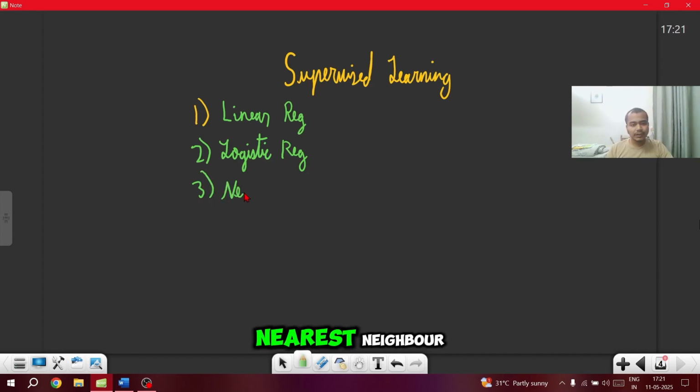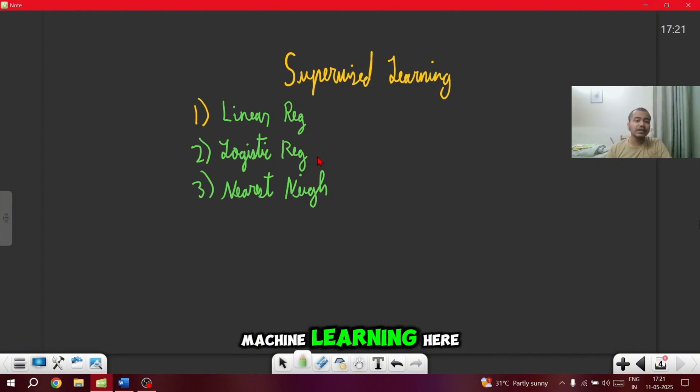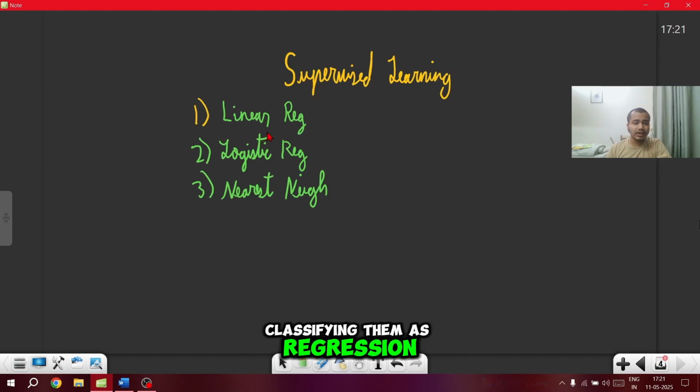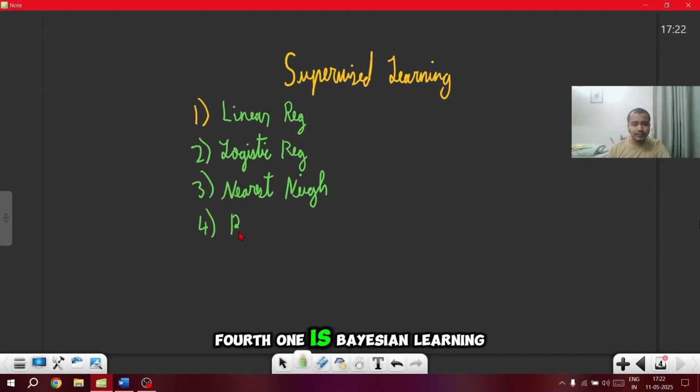Then we will go to nearest neighbor. Disclaimer, if you have already studied machine learning, here I am not classifying them as regression and classification based algorithms. I'm just giving all the algorithms which are present in supervised learning. Nearest neighbor. Fourth one is Bayesian learning.